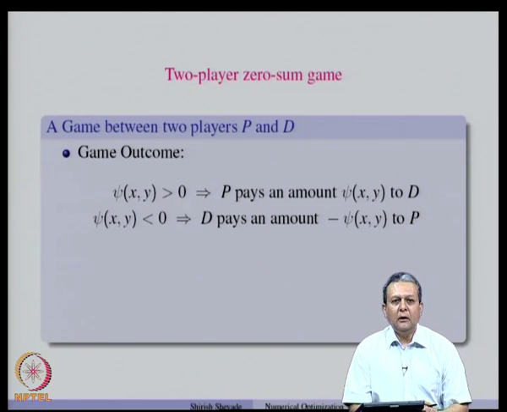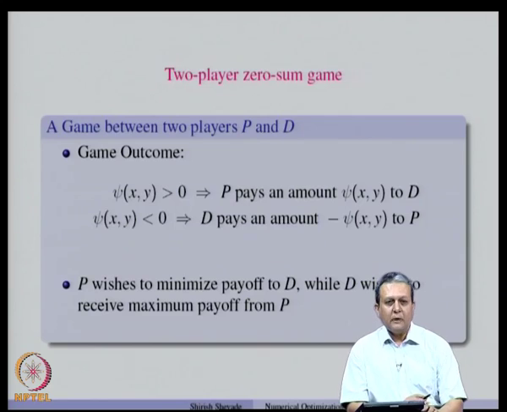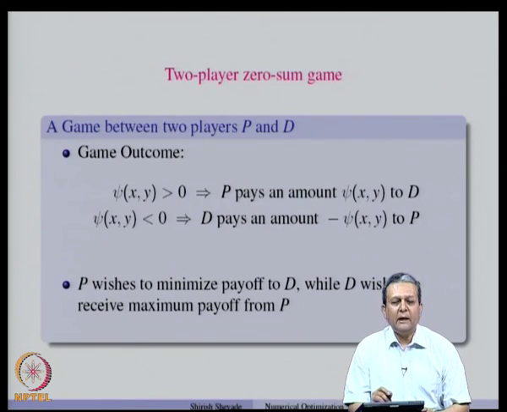Naturally every player will try to maximize his or her gain. P would like to minimize the payoff to the player D, and at the same time D would like to choose the strategy such that the payoff that D receives is a maximum. So, this is an important part of the game: one player wants to minimize the payoff to the other player, while D wishes to receive the maximum payoff from P.